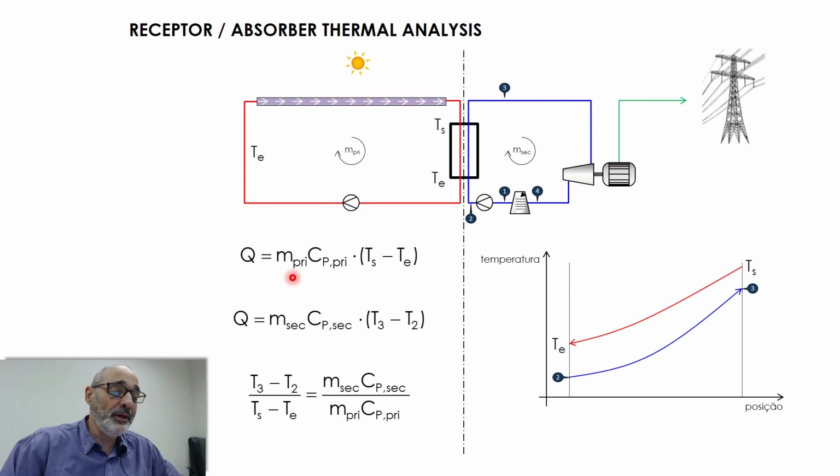And if I look at the primary fluid, we have the same equation as before: Q equals heat capacity times delta T. If we look at the secondary fluid, we have a similar equation: Q equals heat capacity times delta T. Delta T now is T3 minus T2.